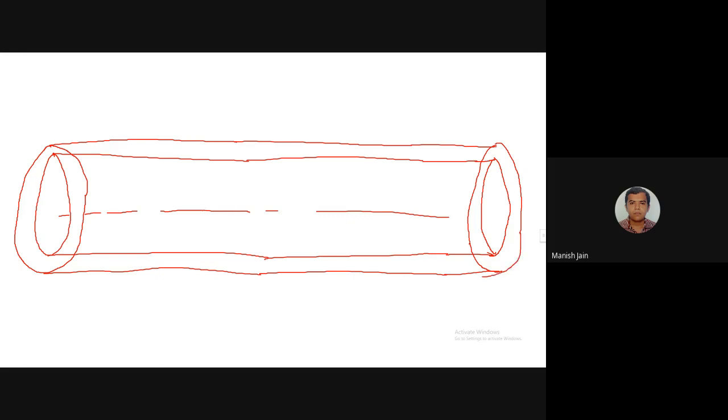Here, the inner radius of the strip is small r, and the outer radius of the strip is r plus dr.